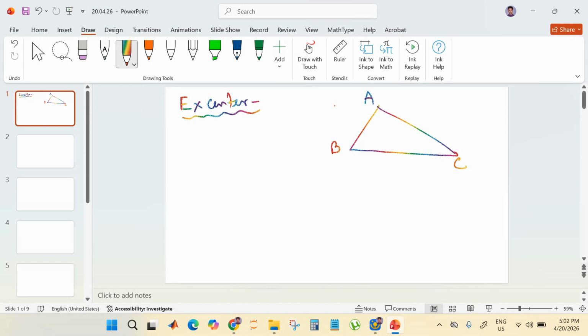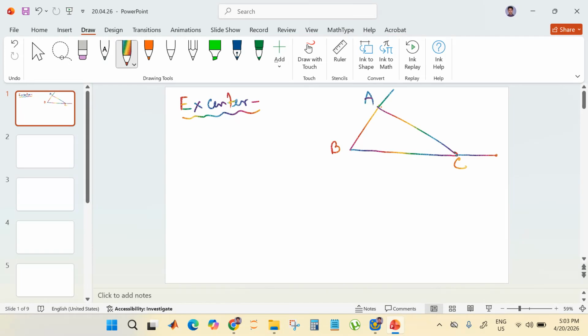Three excenters means if I extend this straight line up to a certain point, and I extend another line up to here, there are two external angles.